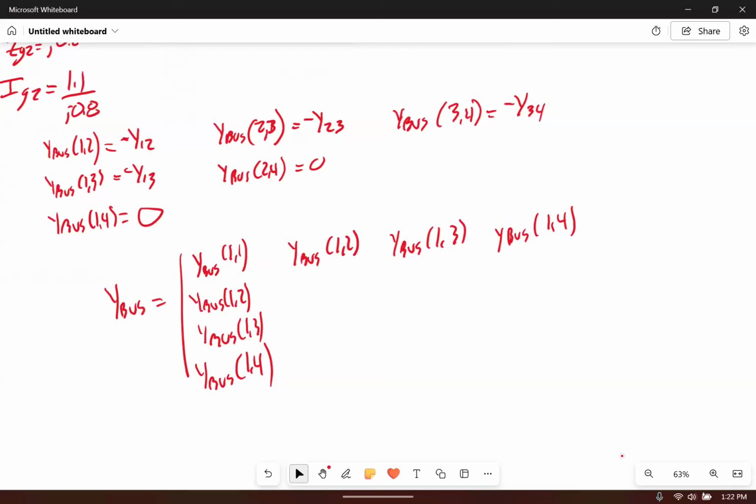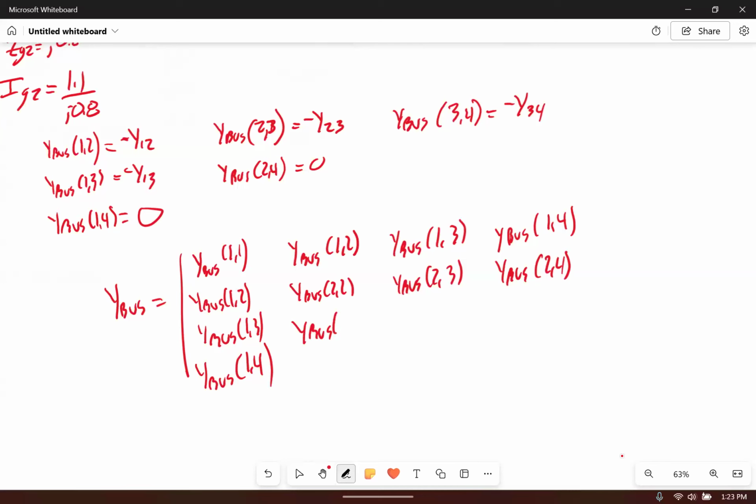So technically, when I wrote Y bus 1, comma 2 on that first row, second row, first column, that actually technically is Y bus 2, comma 1 if you're just using the dimensions of the matrices. But because they're the same number, I actually don't have to differentiate those. I can call them the same number. So this is Y bus 2, comma 2, Y bus 2, comma 3, and Y bus 2, comma 4.